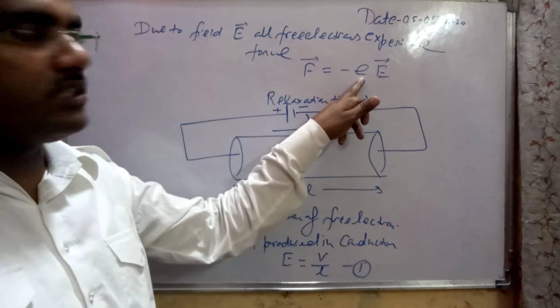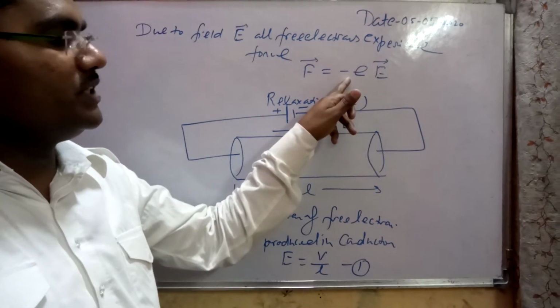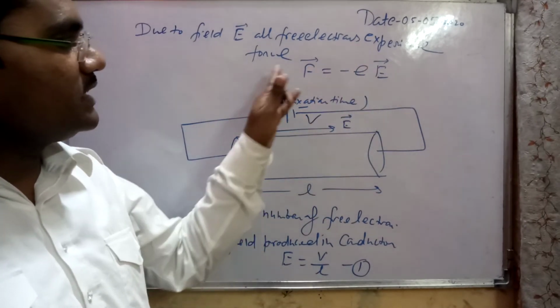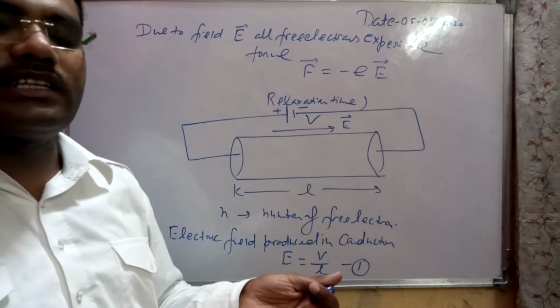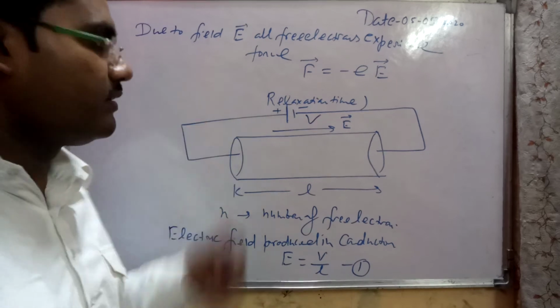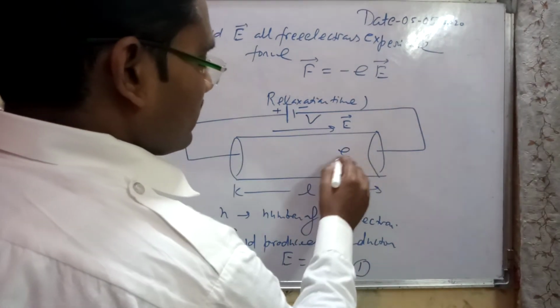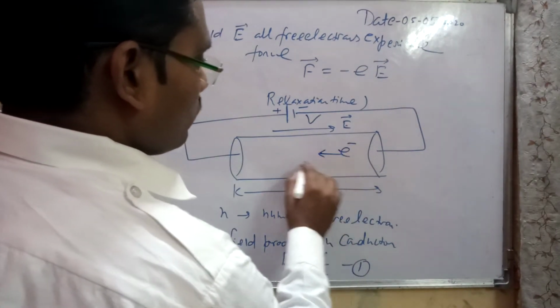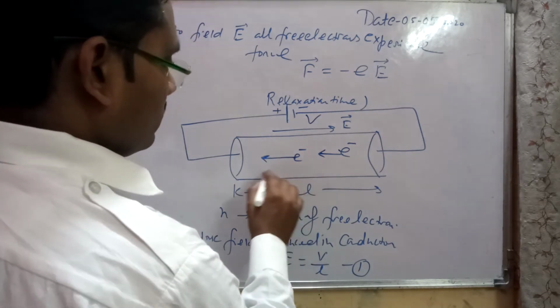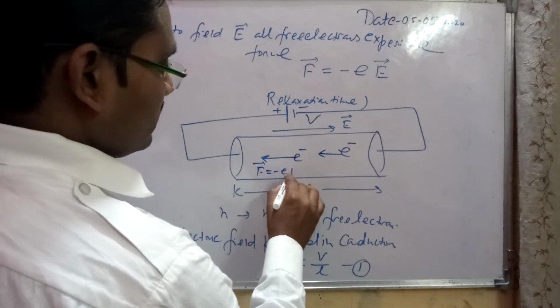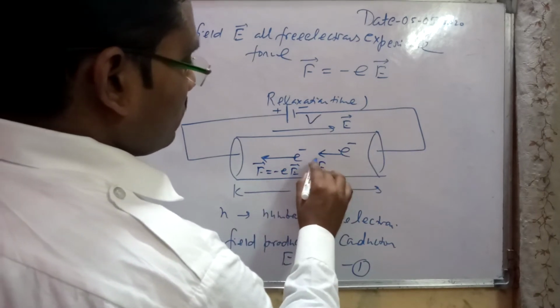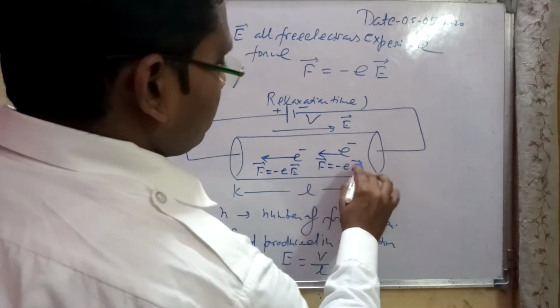Electrons have negative charge, so here we use the negative sign. That means the direction of force is opposite to field E, and all electrons move opposite to the field. So the electrons experience force opposite to field E, F is equal to minus eE.